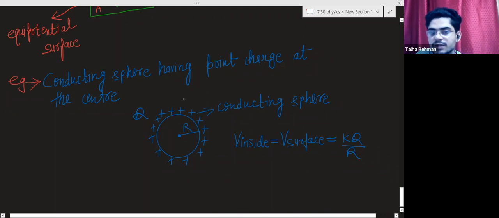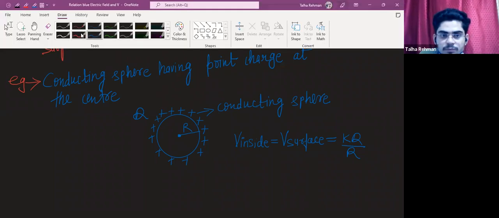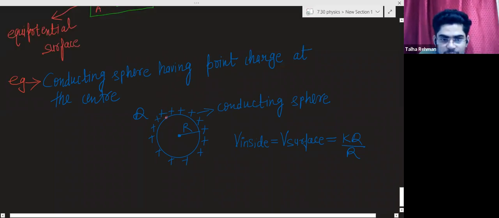This Q will not change, and this R will also not change, which means this whole thing will not change. So if you calculate the potential at any point on the surface, here, here, here, you will use the same formula.